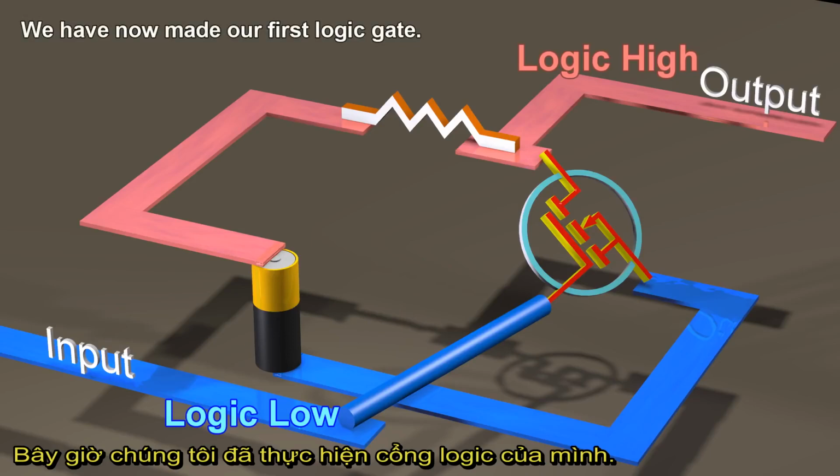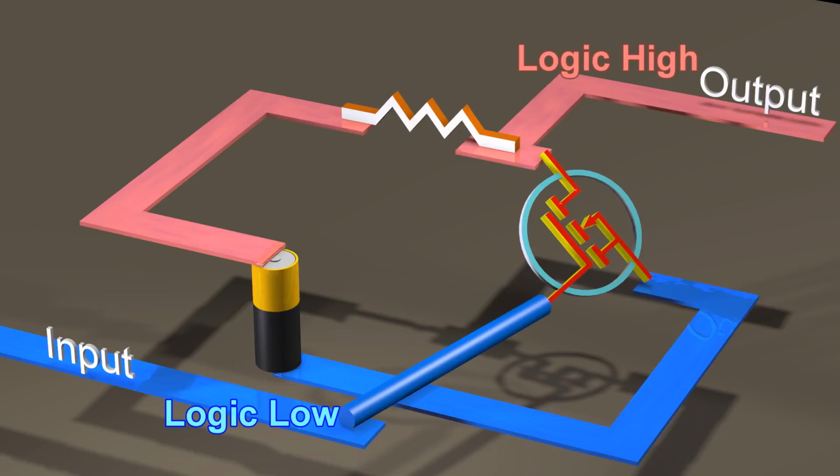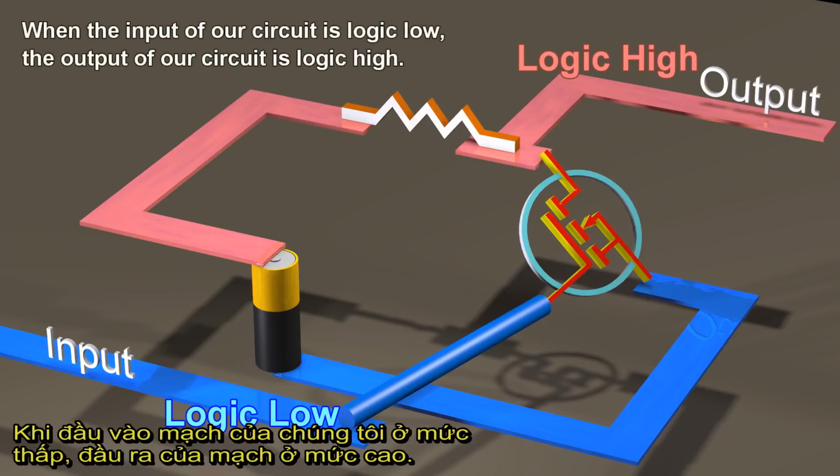We have now made our first logic gate. When the input of our circuit is logic low, the output of our circuit is logic high.